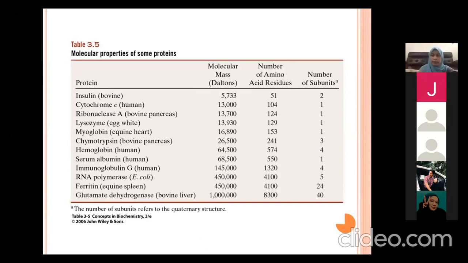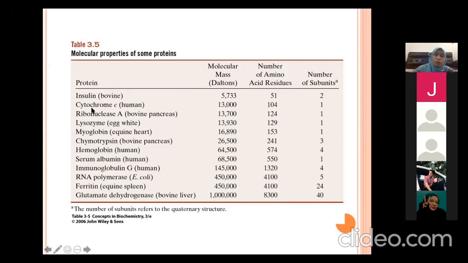Okay, alpha is different length, beta is different length, but the total number of amino acid is 51. Okay, so this one will be dimer. Okay, for insulin it is dimer and multimeric. Heterodimer. Okay, it is a combination between 2 different amino acid chain.